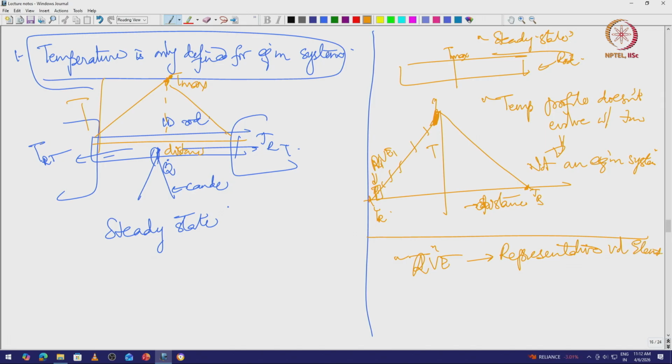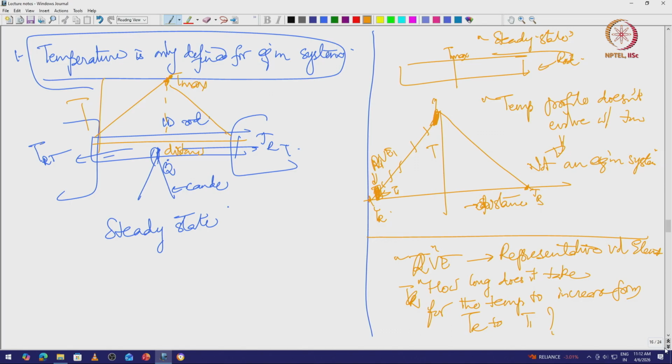Now, I ask you the question, how long does it take for me to increase its temperature from TR to some T1? How long? These are actually heat equations that people have solved, for the temperature to increase from TR to T1. Okay, so that is the question that I ask.